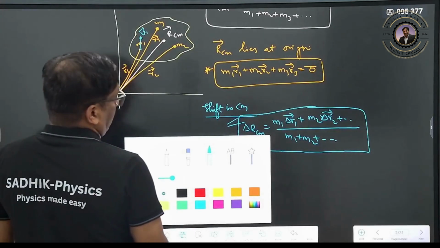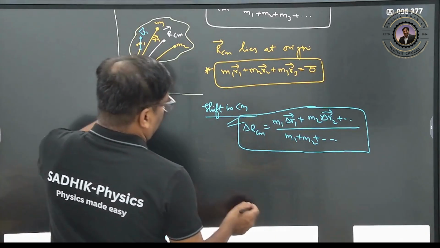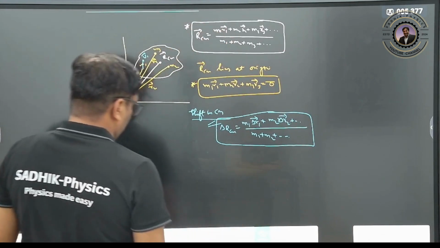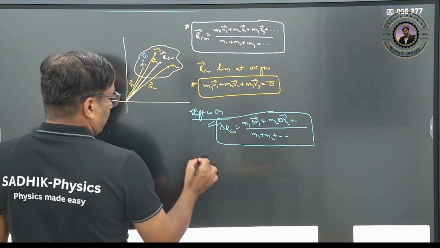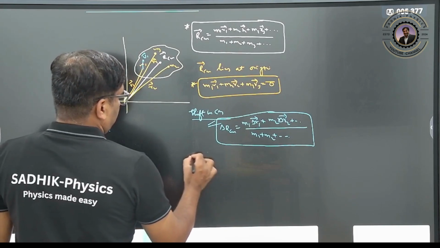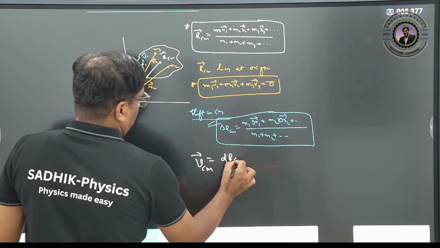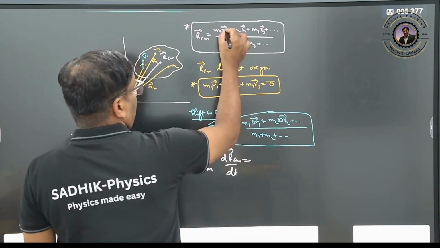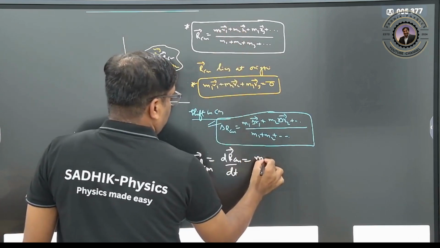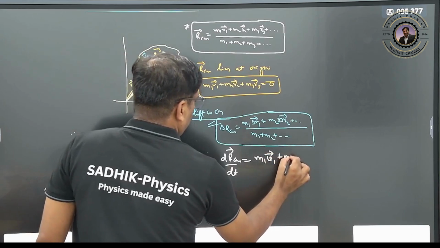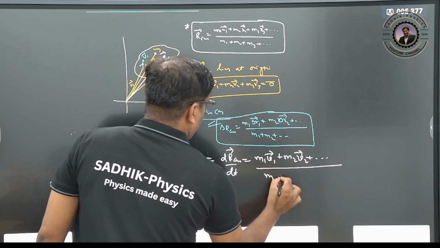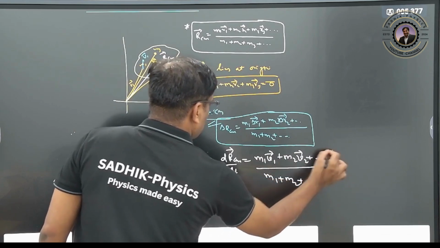By differentiating this, you can calculate the velocity of the center of mass, that is vcm equals drcm by dt. That is nothing but m1 v1 vector plus m2 v2 vector, and so on, divided by m1 plus m2 plus so on.